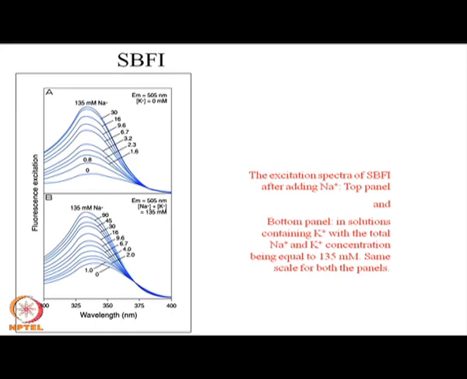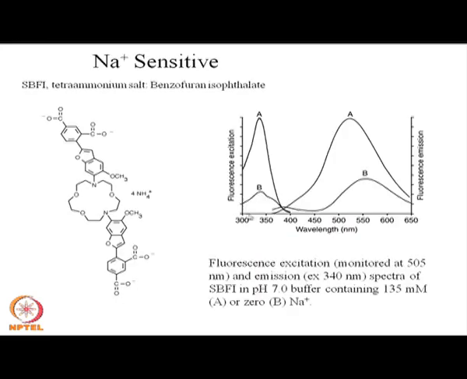So, for that, you see that this is your SBFI. Now, this spectra is taken. Let us go back to the earlier slide. You see that excitation spectra is taken from 300 to 400 and emission is taken from say 350 to 650.